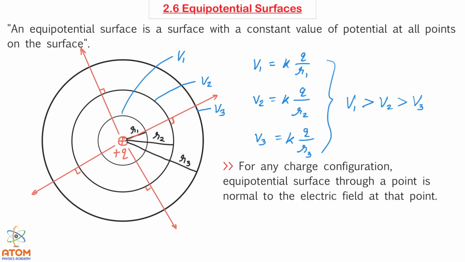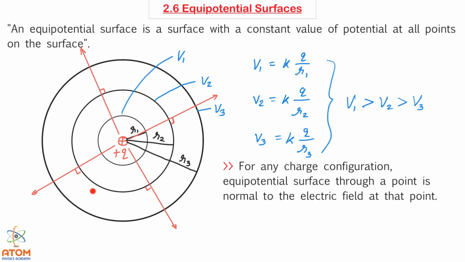I hope you understood. You can also understand this in a different manner. Suppose I place a positive test charge, let us say capital Q, here. It will feel a force in this direction, and I am moving it on this surface in this direction. So it will be perpendicular. The force is here and the displacement is in the tangential direction.